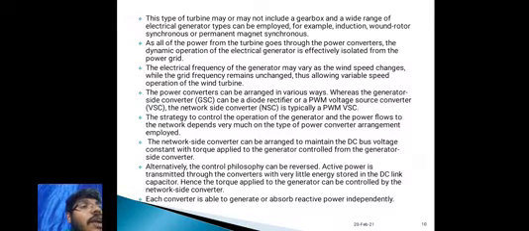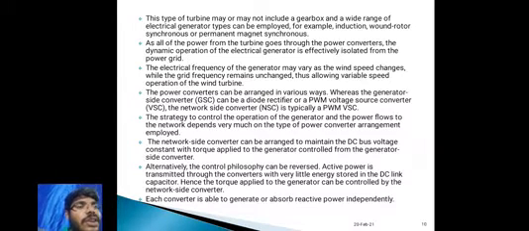In electrical machines, we employ induction wound rotor, synchronous wound rotor and permanent magnet synchronous generators. All power of the turbine goes to the power generator. The dynamic operation of the electrical generator is effectively isolated from the grid.